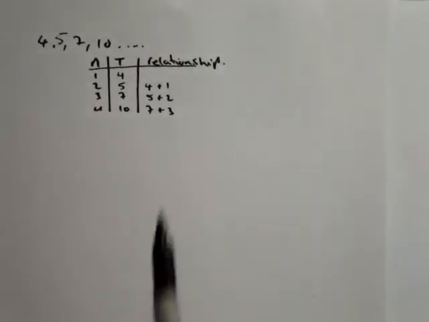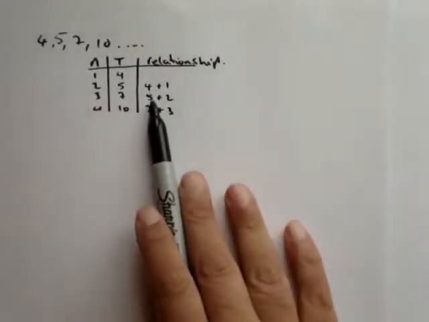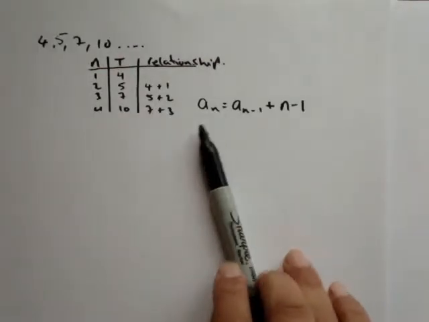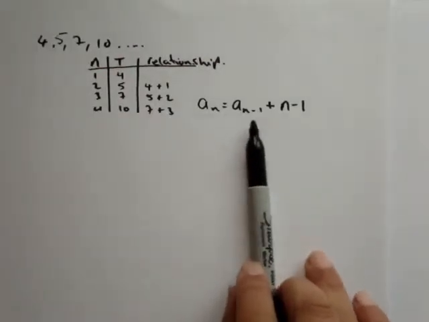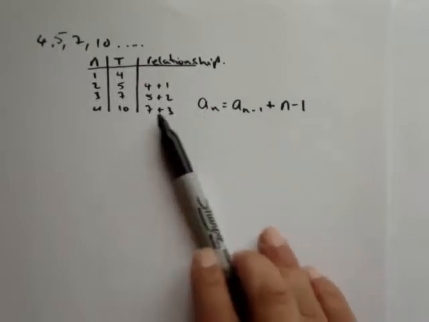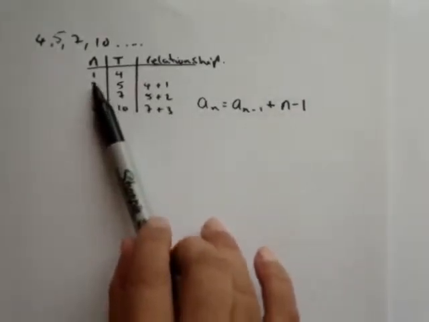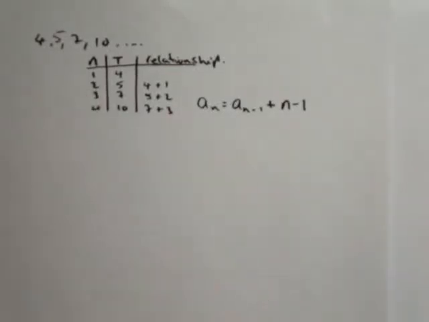The recursive formula is a n equals the previous number plus n minus 1. So if we were here, it would be 2 minus 1, which is 1, 3 minus 1.